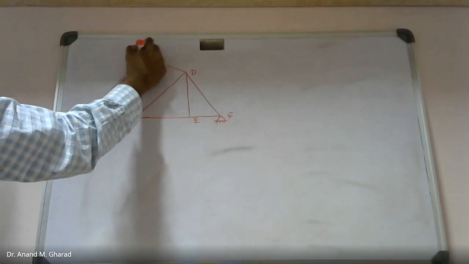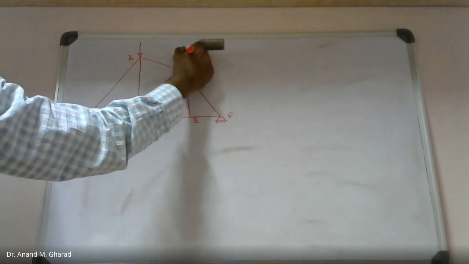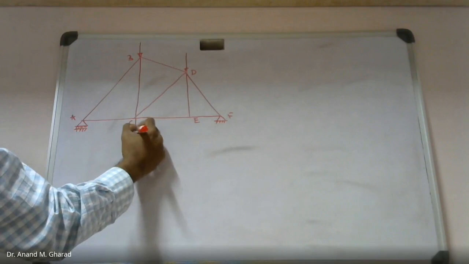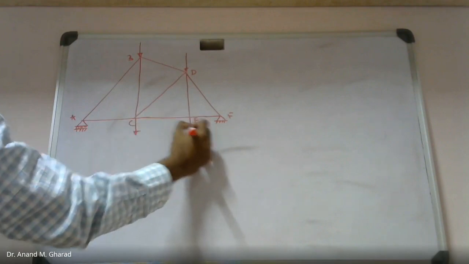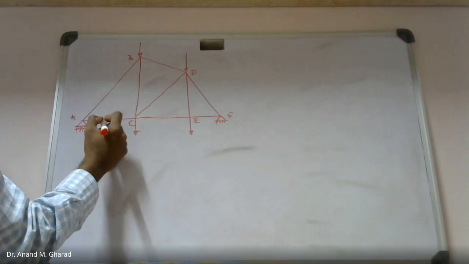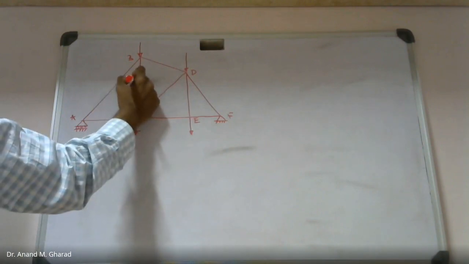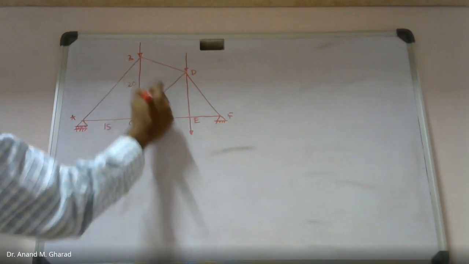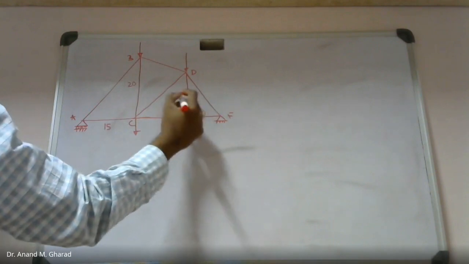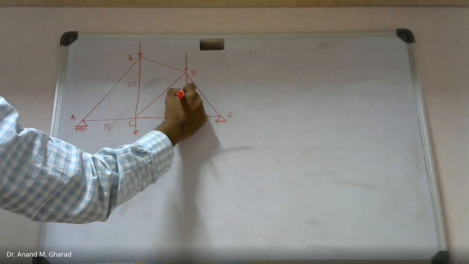These are the point loads, you can say. 15 units, 20 units, 15 units, this is 10 units, and this is 15 units.